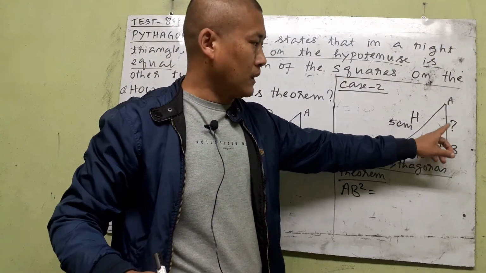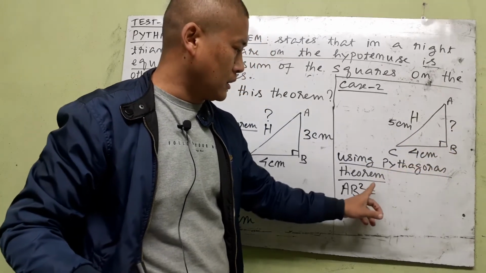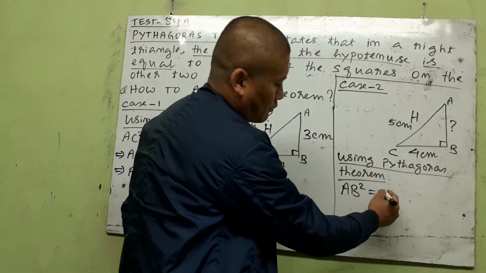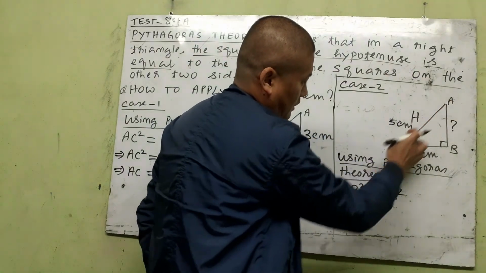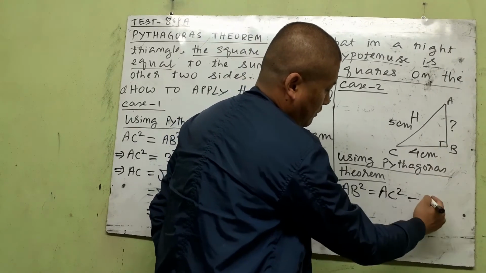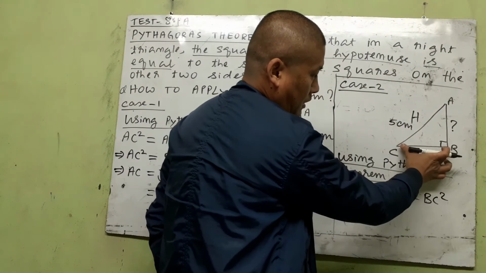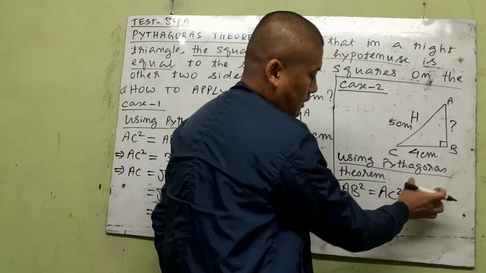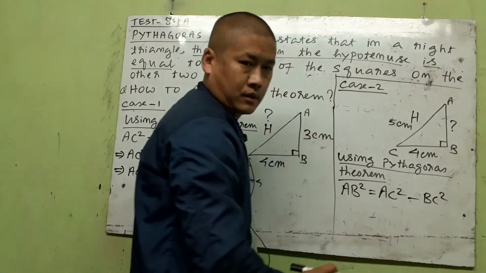So when you're finding a side which is unknown, which is not a hypotenuse, then our equation must be, we always write the hypotenuse first: AC square, this hypotenuse, minus the known side here, BC square. AC square minus BC square, not BC square minus AC square. The hypotenuse should be written first, then square minus, keep that in mind.